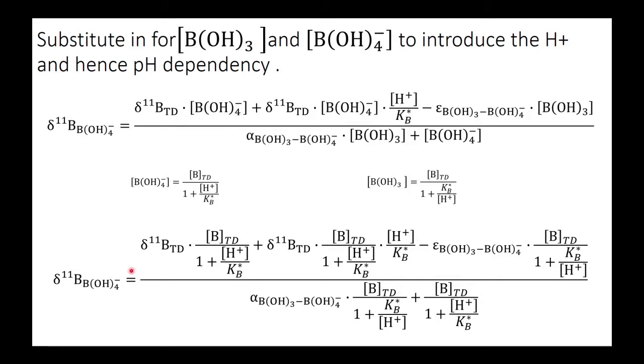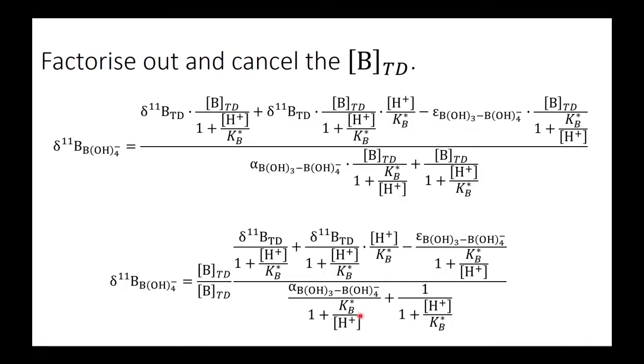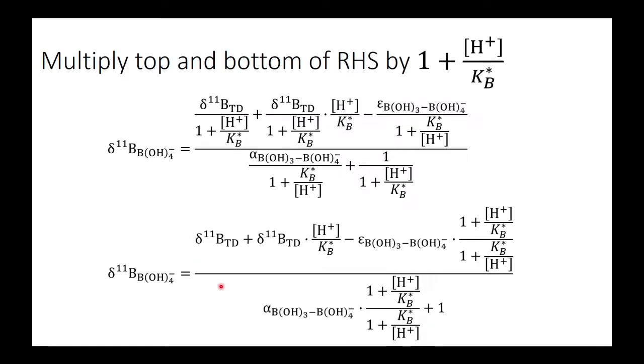Every term has a boron total at the top, so they all ultimately cancel out and go away. We can multiply the top and bottom by this term here, and that will get rid of the ones with H and KB. HKB goes away, that goes away. So that's done there.